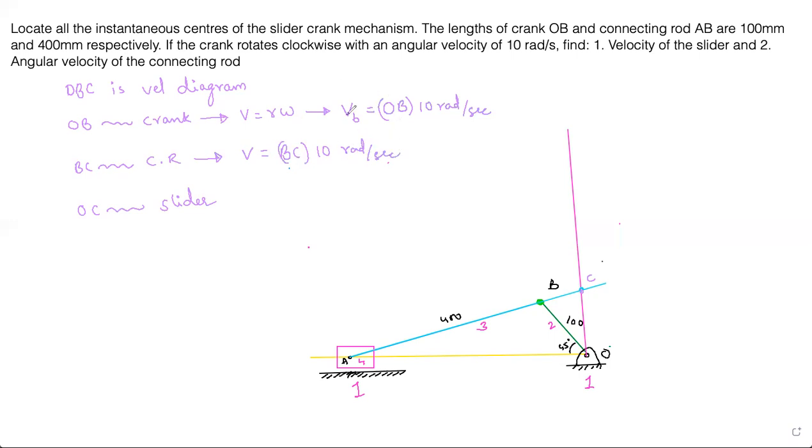Omega is the same for all these things, just the length is changing, which is BC. Now if you want the velocity of the slider, the slider is OC, right? The radius is OC, so OC times 10 radians per second. Same, V is equal to R omega, but R is the sides of the triangle, and I will clearly show you how we are going to do that.